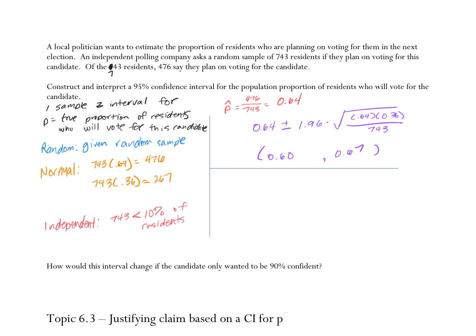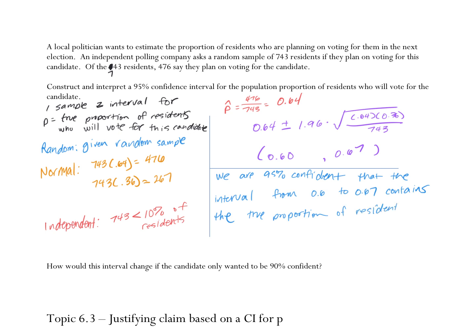So we are going to say we are 95% confident that the interval from 0.6 to 0.67 captures whatever you want to say, and you're just going to throw that P back in there. The true proportion of residents who will vote for the candidate.